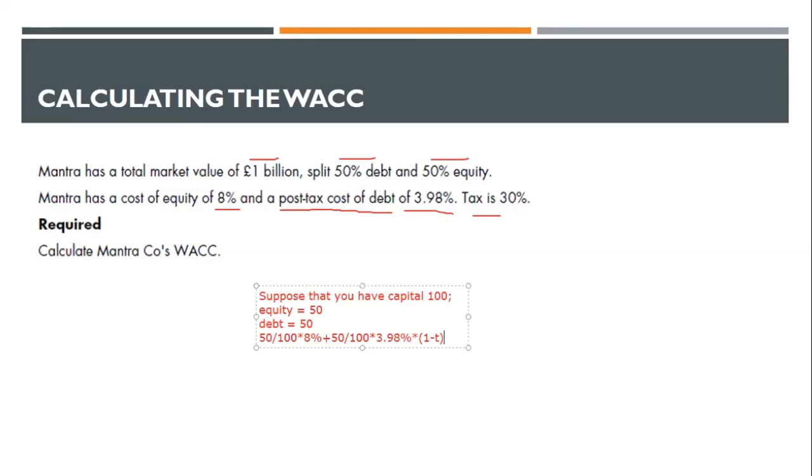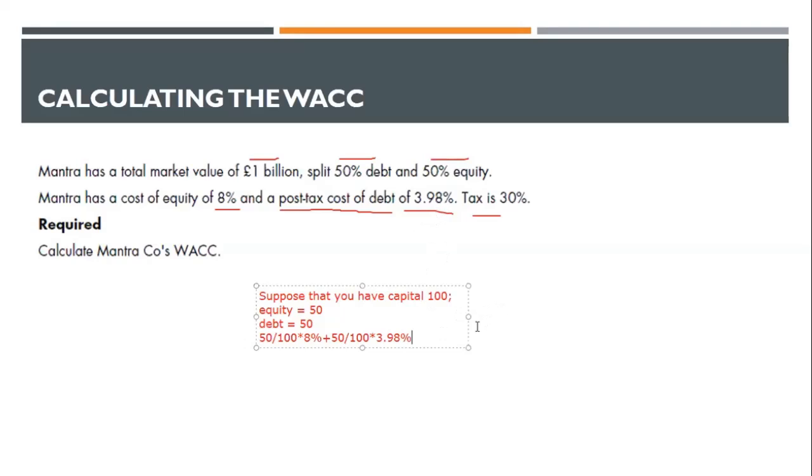It's post-tax, which means after tax. So should I do 1 minus t? No, I should not do it. If they tell me that it is pre-tax, then I multiply by 1 minus t. This is already post-tax. Why should I do that? So we should not be subtracting it.